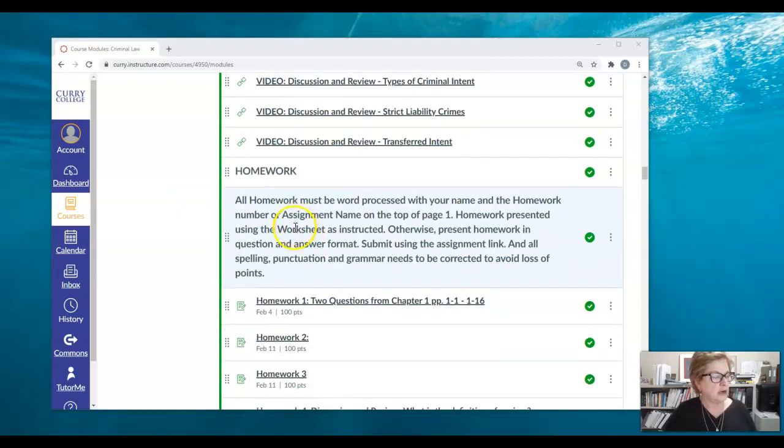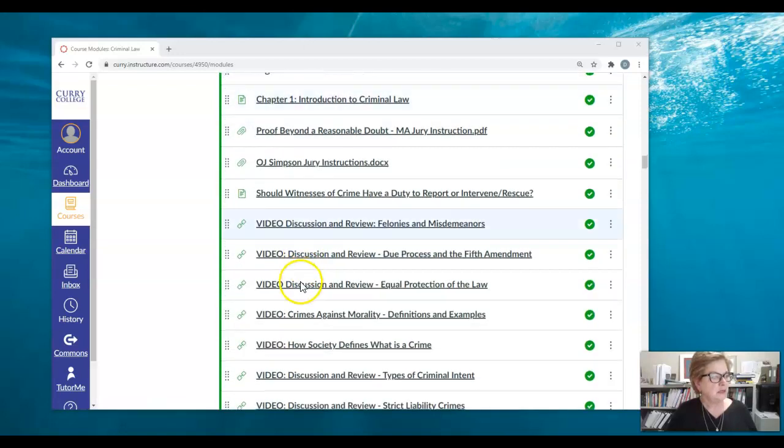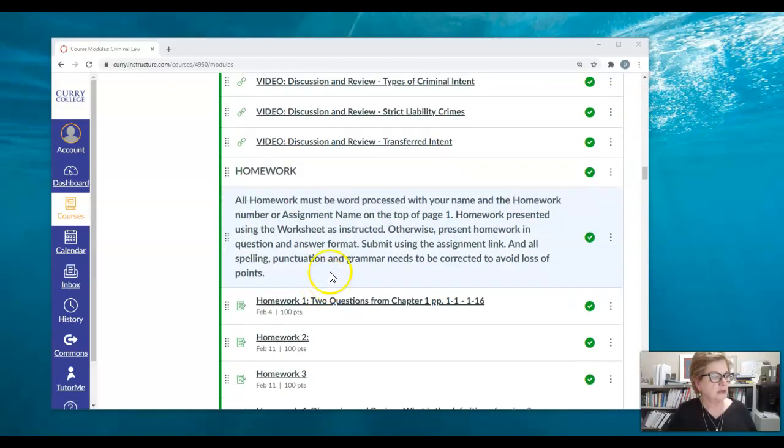What's due for class on Tuesday is homework number 1. So in Canvas, please go to chapter 1, scroll down to homework. Make sure you're following the instructions that are here. If you click on this homework assignment, it will give you specific directions on what questions I would like you to answer.